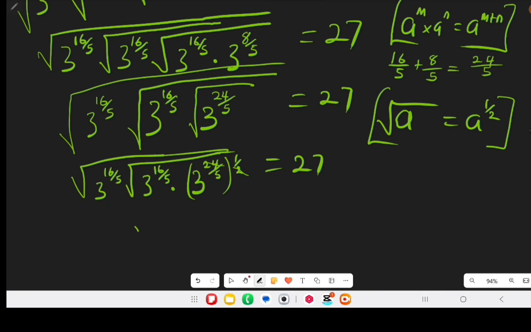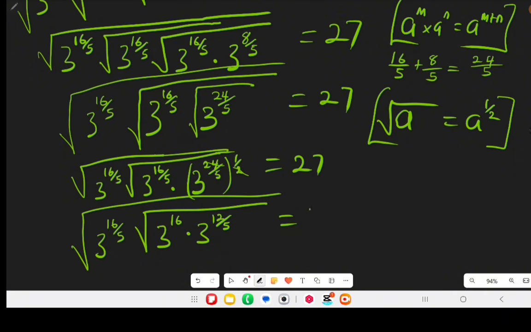So this will give us root of 3 raised to the power of 16 times 3 raised to the power of 12 all over 5, all in root, equals to 27. We have a to the m times a to the n is equal to a to the m plus n, which is the product law of indices.